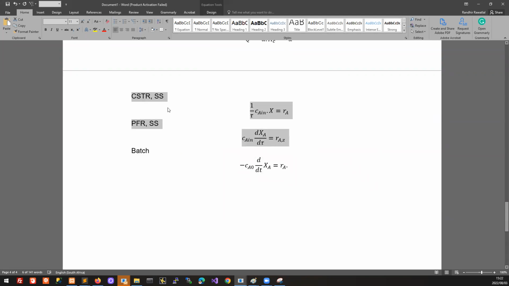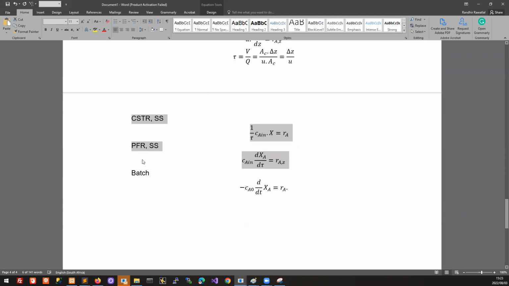I think of the CSTR as perfectly mixed, and I think of the plug flow as perfectly not mixed, right? Plug flow, everything stays in plugs. It's the ultimate view of segregation. Everything comes in, stays together, and leaves together. So that's completely segregated, whereas CSTR is completely mixed.